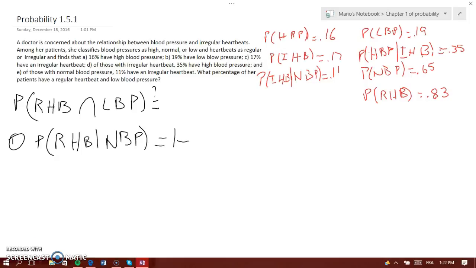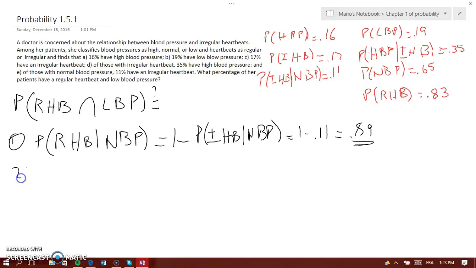So we can find the regular heartbeat given normal blood pressure. So it will be 1 minus the probability of irregular heartbeat given normal blood pressure, which is 1 minus 0.11, which equals 0.89. So we got that so far.